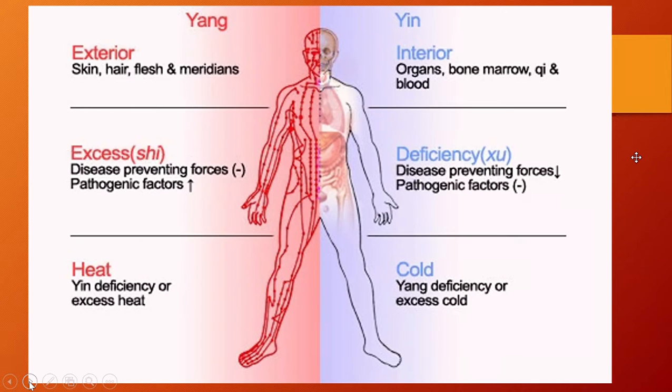So when traditional Chinese medicine considers you to have an excess, it means you have pathogenic factors, viruses or bacteria, in your body. If you have deficiency, you have no pathogenic factors, no virus, no bacteria, but you are just deficient in your qi or your shu or your blood. Then you have your heat, your cold. It's a yin deficiency when you have heat, and when you have cold, it's a yang deficiency.